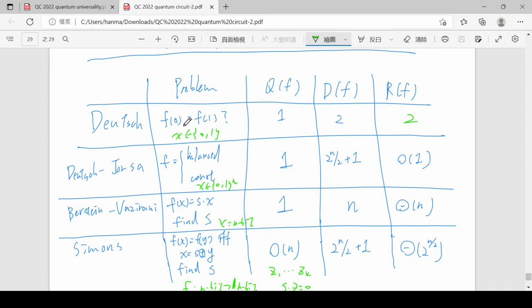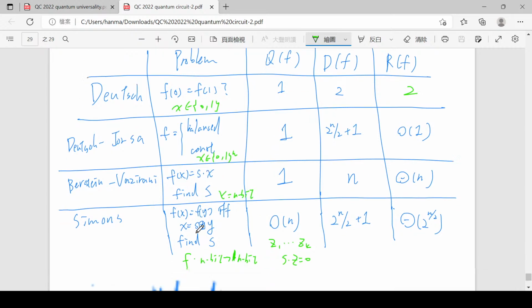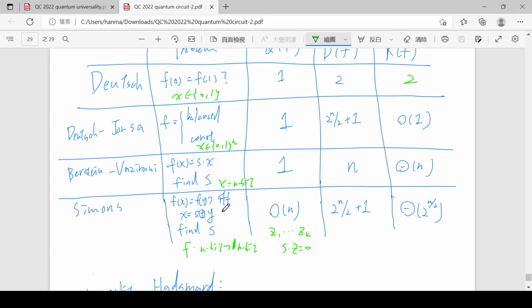So Deutsch's algorithm wants to answer whether f(0) equals f(1). And Deutsch-Jozsa wants to ask whether f is balanced or constant. In Bernstein-Vazirani, there is a hidden string s that you want to find, and f of x is promised to be s inner product with x. And then there is Simon's algorithm.